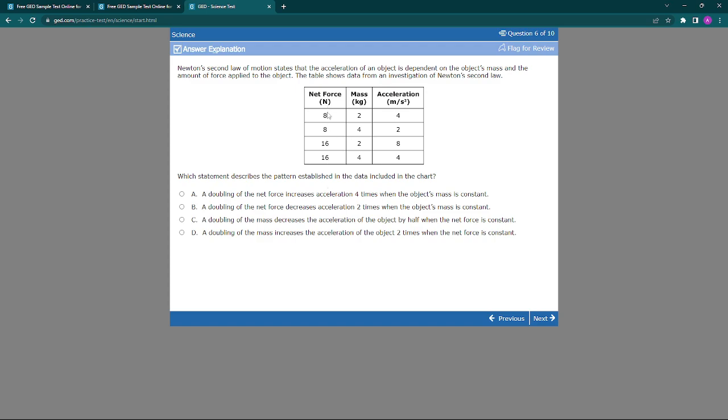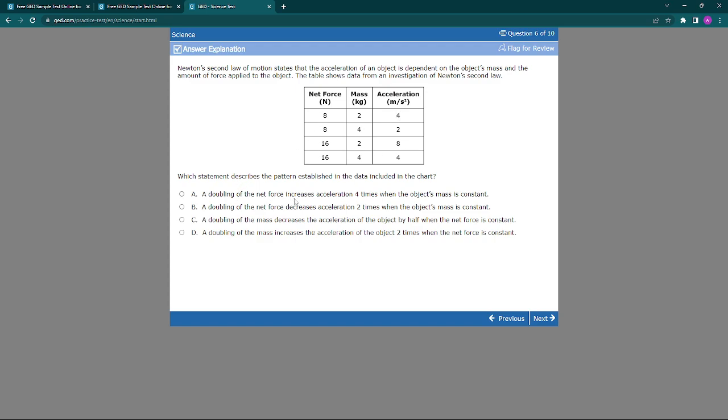So as this doubles, a doubling of the force. Oh wait, a doubling of the net force increases acceleration 4 times when the object's mass is constant. So when the mass is constant, that'd be 2 and 2, then 4 and 8, that is a doubling.